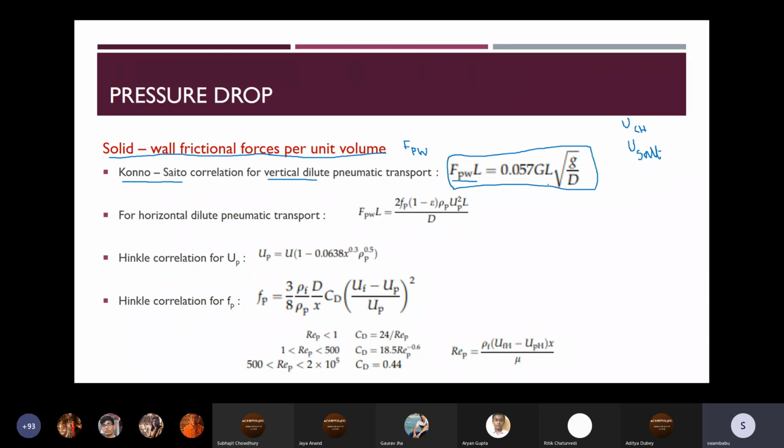Whenever we use any empirical correlation, it will have some empirical constants. These constants are not dimensionless, they are dimensional. Some empirical correlations are non-dimensional and some are dimensional. Whenever we have a dimensional empirical correlation, whatever units they specify, we need to use the same units.